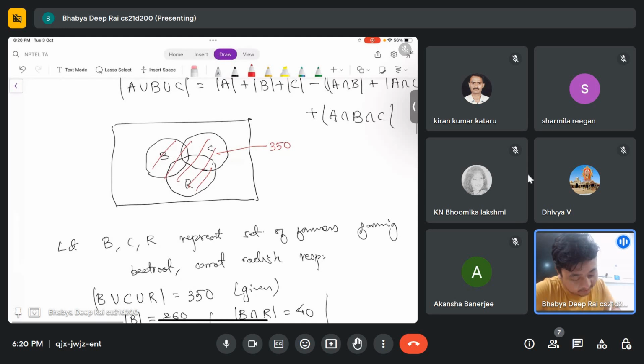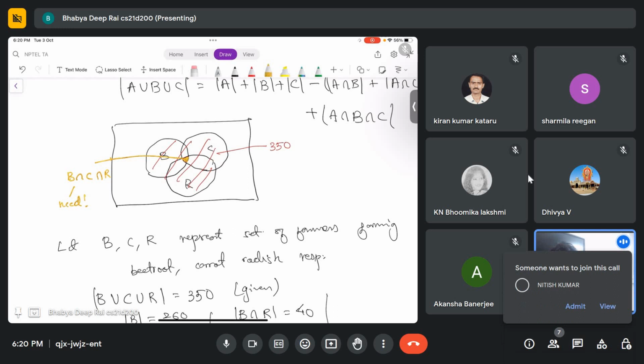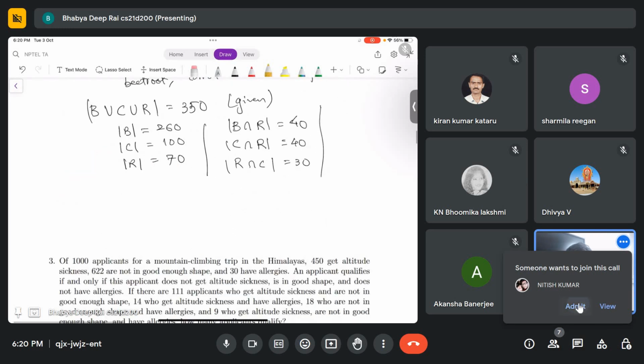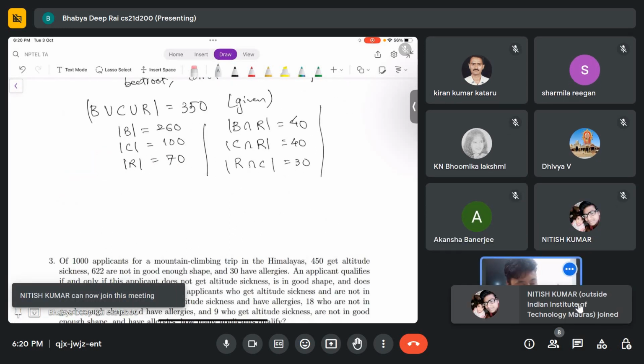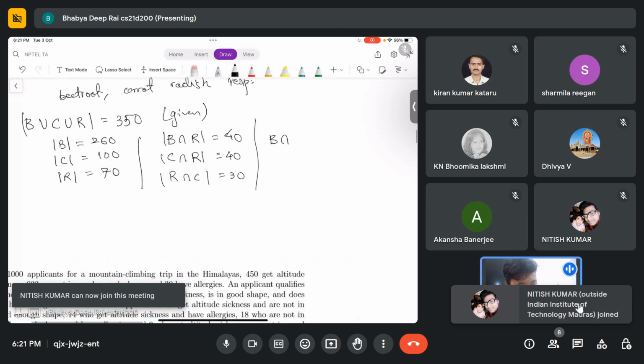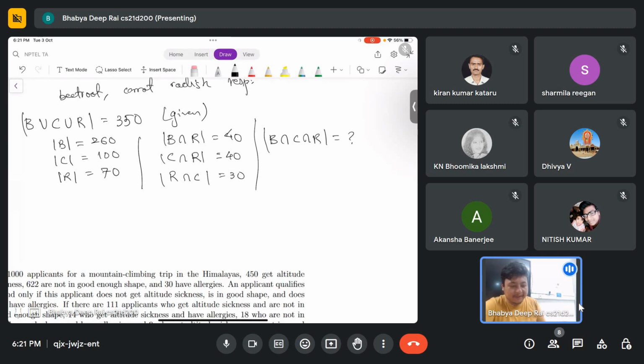If you observe properly in the diagram, this is what we want: B intersection C intersection R. Those farmers which farm all three, beetroot, carrot, and radish. Now B intersection C intersection R is what we don't know. But how do we find this?